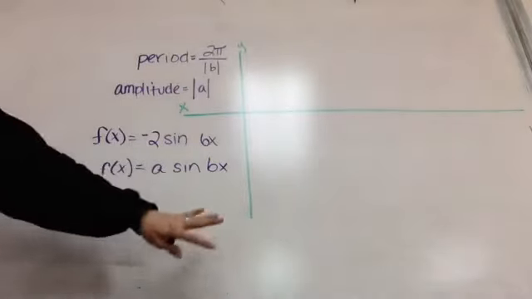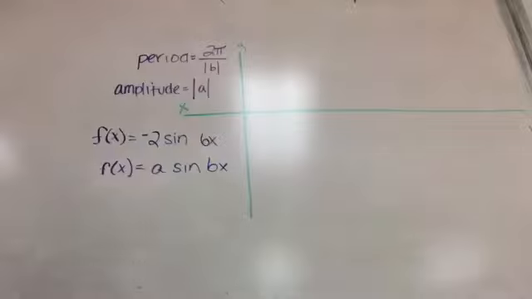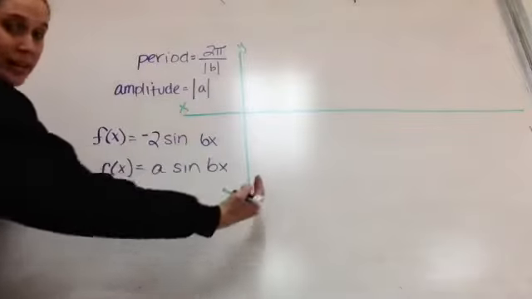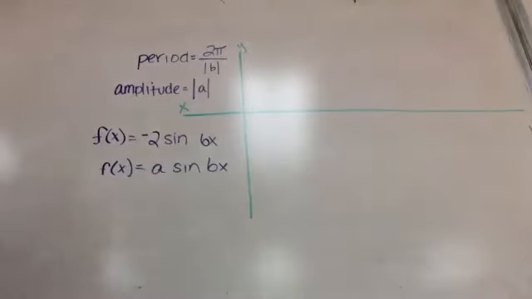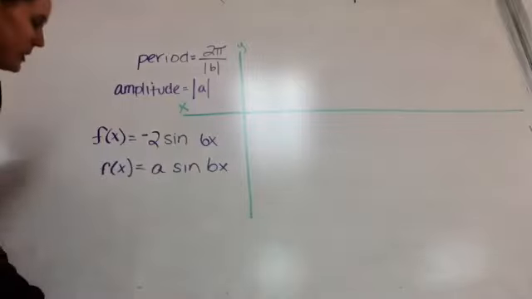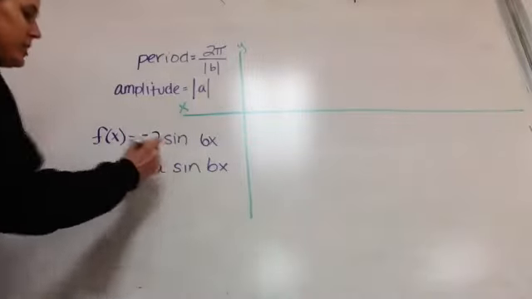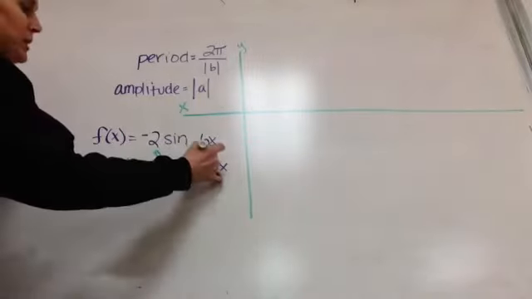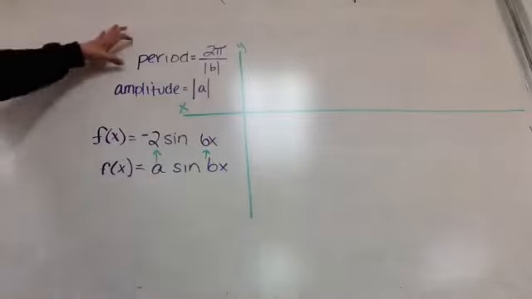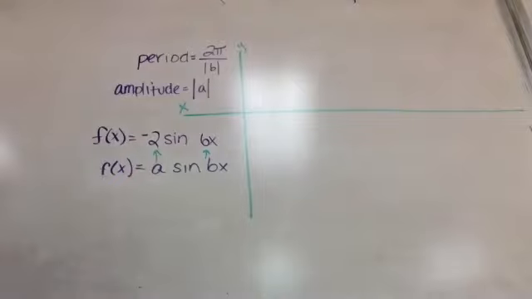There's also a plus c or minus c plus d. That's just in case there are things added or subtracted after the sine. In this case, we don't have that, so there is no c or d in this one. We just have to worry about a and b. So when we line it up like this, we can clearly see that a is -2 and b is +6. So I can find the period and the amplitude now using that information.